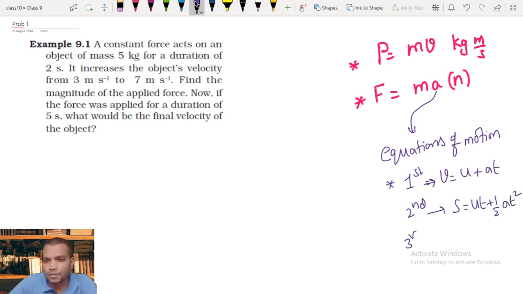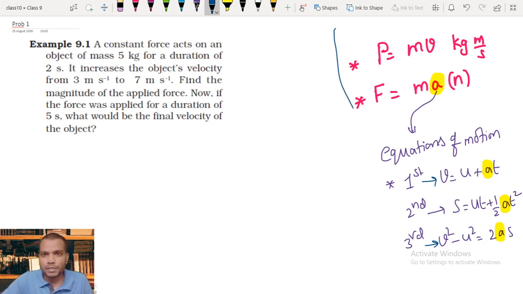For the third, v square minus u square equals 2as. Why have I taken these equations of motion? Because here we need to calculate acceleration. These equations have the term acceleration, so they will help us find it.